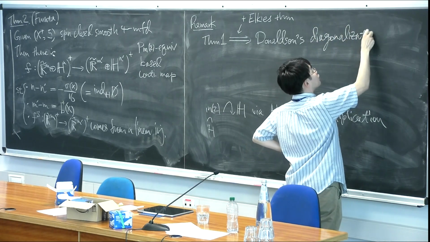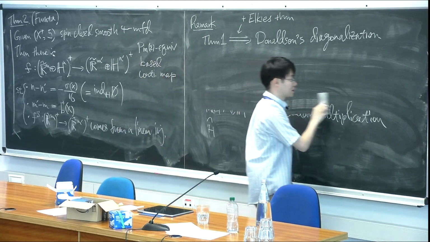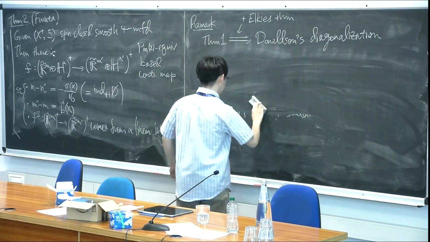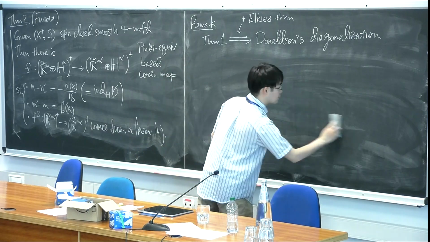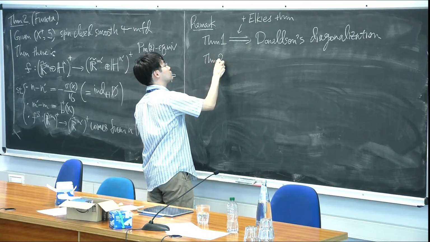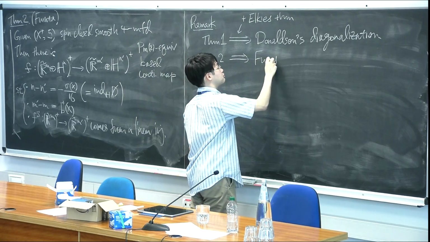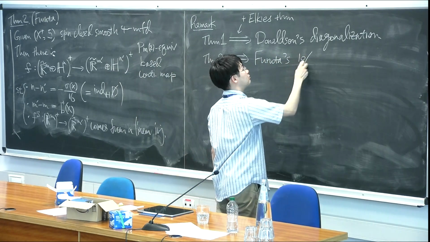Probably I will give some exercise about this in the discussion session later, maybe today or tomorrow. And about theorem 2, this is essentially a core of the proof of Furuta's 10/8 theorem.